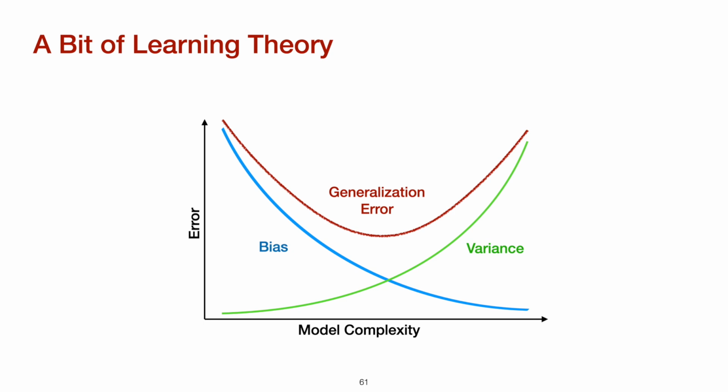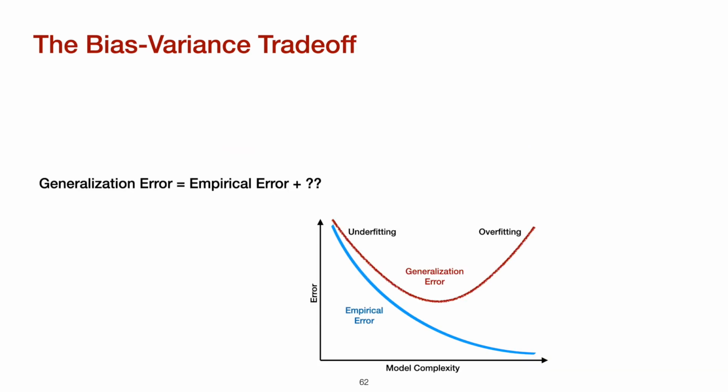But as we increase the model complexity, our error from bias decreases, and our error from variation, small perturbations in the data, increases as we start to memorize or move into this regime where we're memorizing the underlying data rather than learning the general phenomenon. And the generalization error is the combination of these two things. And the sweet spot in model complexity is where this generalization error is minimized. So on the left side of this graph, we generally refer to this as underfitting. On the right side of this graph, we generally refer to this as overfitting.